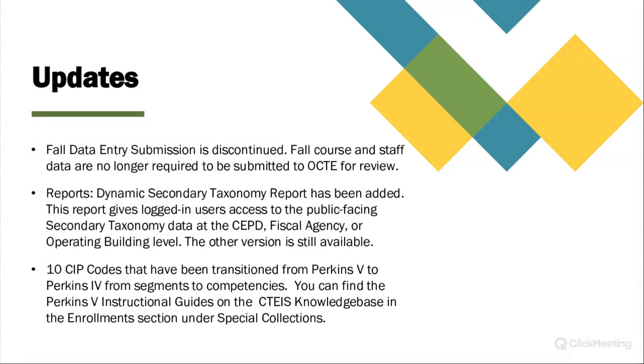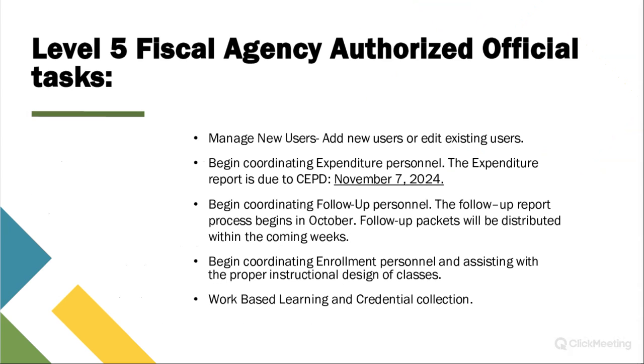Thank you. All right, so moving on to the level 5 fiscal agency authorized official task. I kind of went over a little bit what's going to be coming forward. For a level 5 fiscal agent, I stated that the reason for us doing this training session first is because of managed new users.